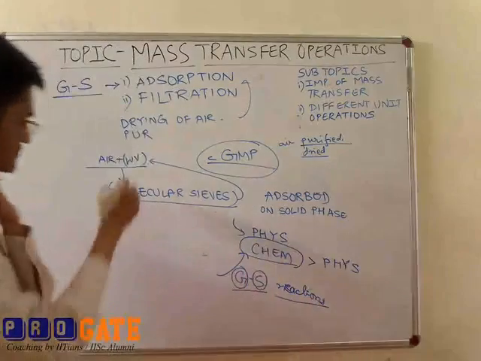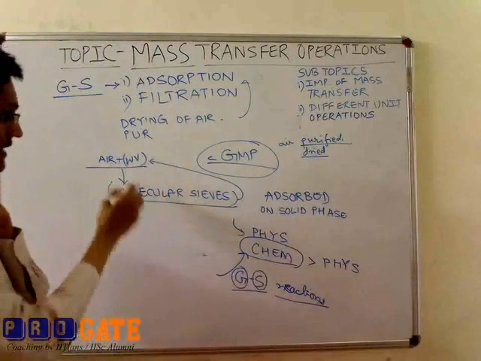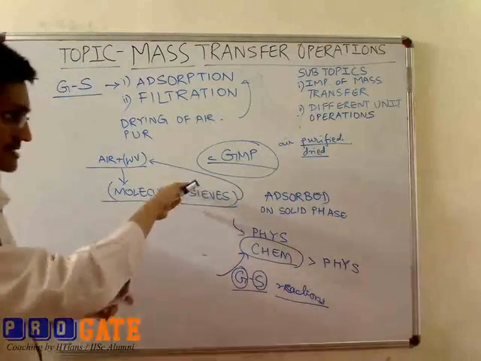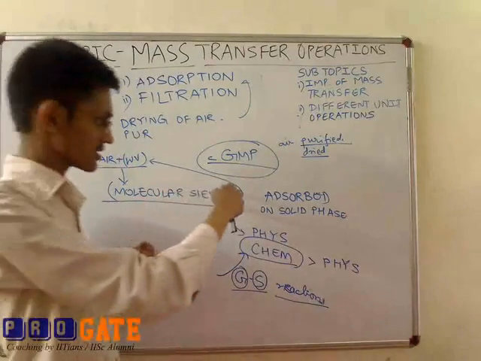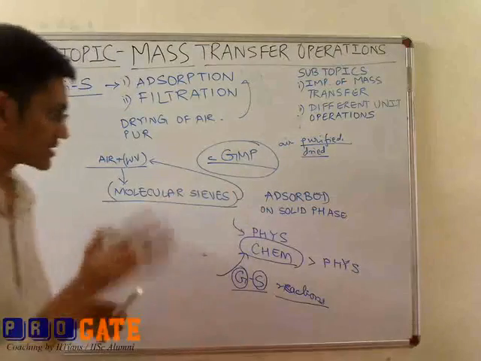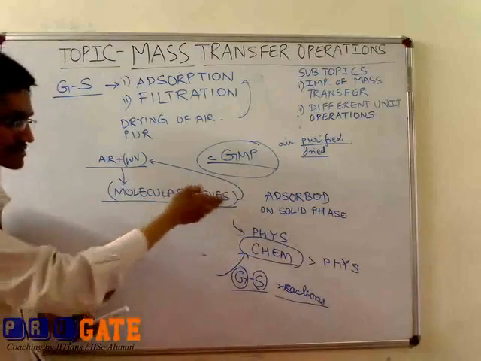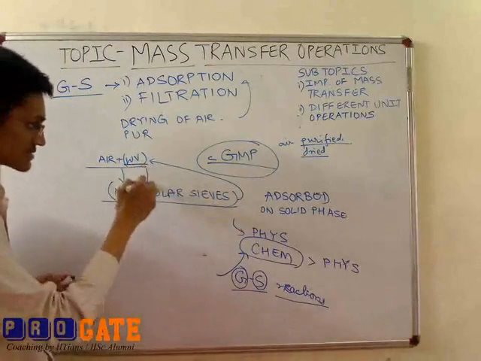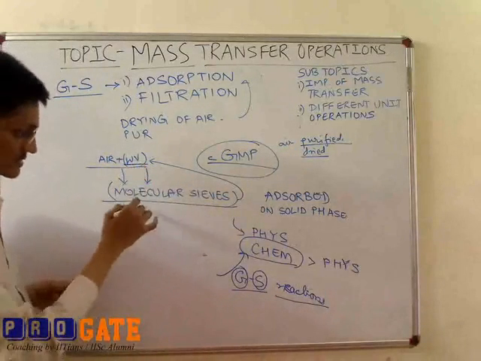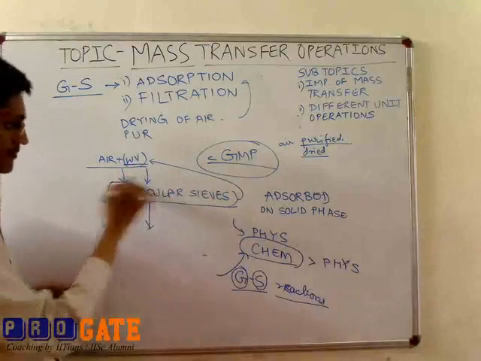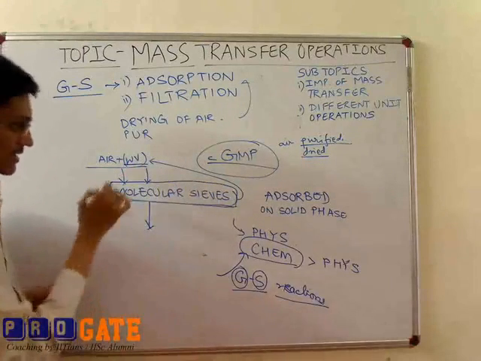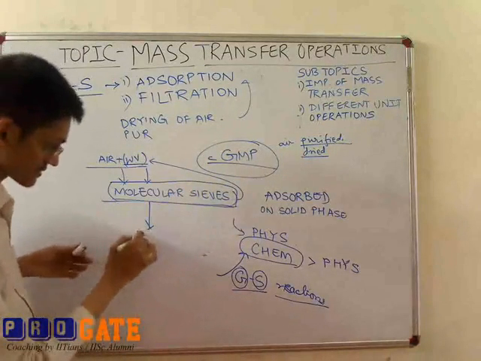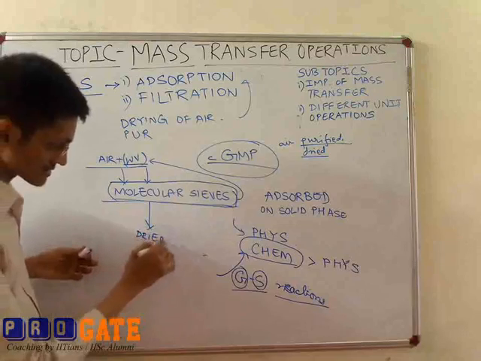Now here, water vapor and air would have a different rate of attraction capacity, of getting adsorbed or attracted towards the molecular sieves. So water vapor has tendency to be with the molecular sieves. So finally, after having passed the moisture vapor laden air through the molecular sieves, what we get out is the dried air.